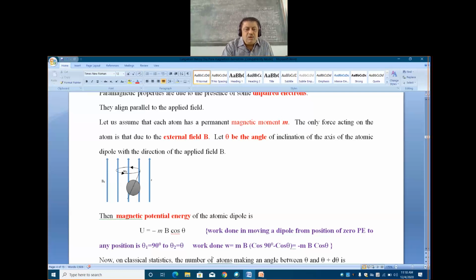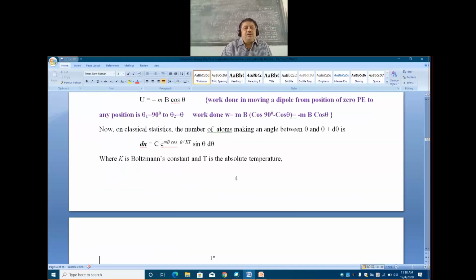Now we'll move further. In the paramagnetic material, suppose there are n number of atomic dipoles, and according to classical Boltzmann statistics, we are using one expression from Maxwell-Boltzmann statistics.